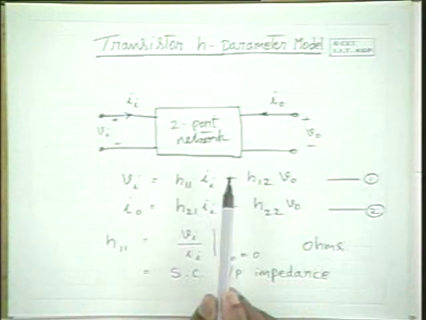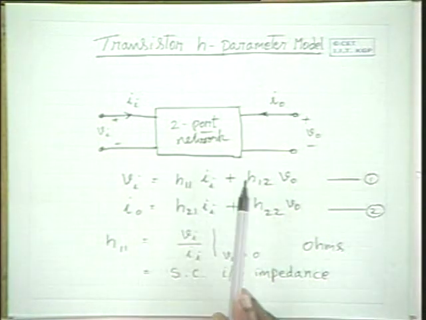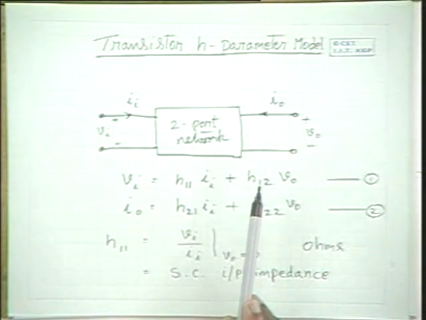And these parameters are known as hybrid parameters. These are hybrid between the output quantities and input quantities. Therefore, these are known as hybrid parameters.